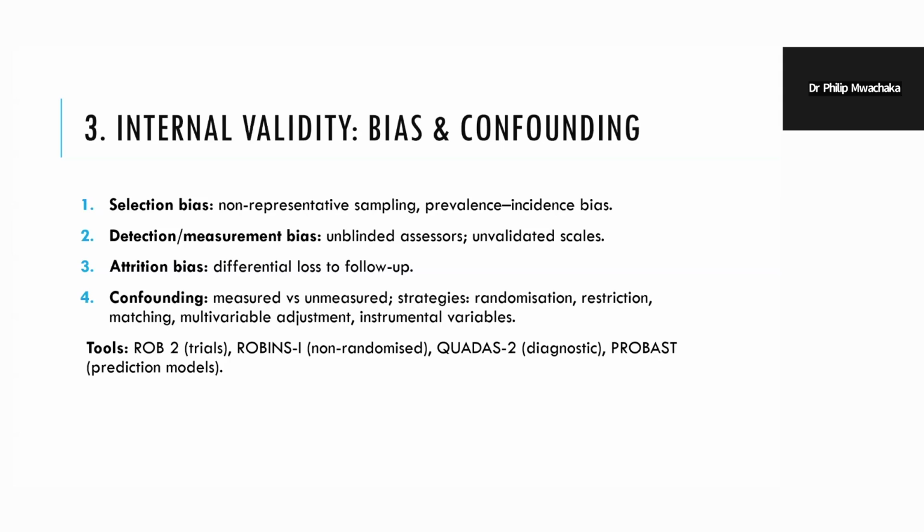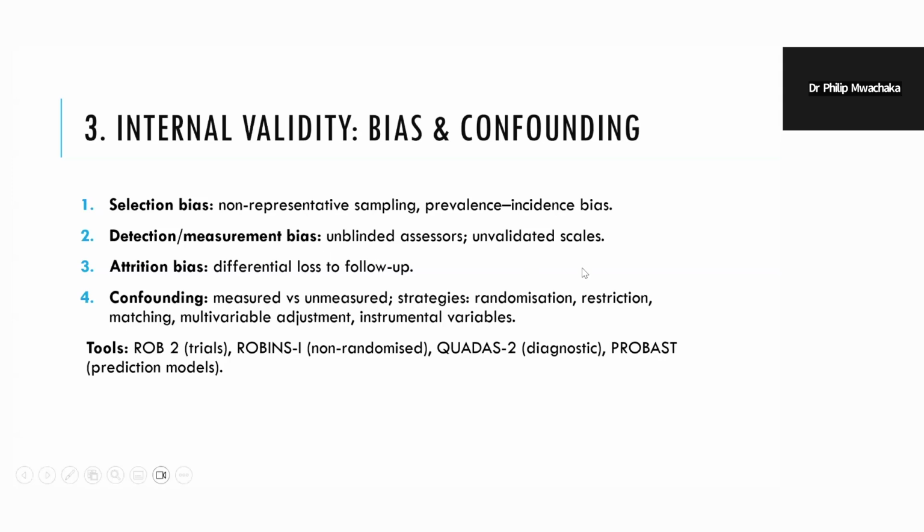So also measurement bias. You're measuring some parameters, and then the assessors are not blinded. Or you could be the one doing the measurements, so intentionally, for those that are on the intervention, you give them favorable values. So that brings in measurement bias.